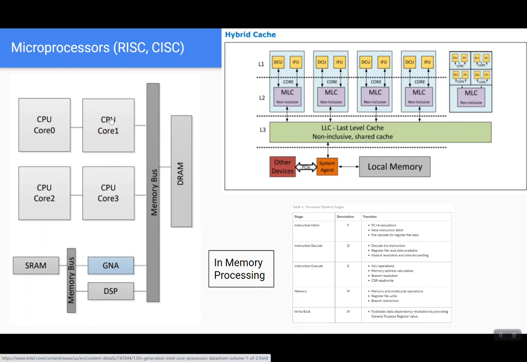So in order to do any calculations, the processor has to go to the memory, fetch the information, and then process. Because it takes time going, fetching, and processing, rather than fetching the information from the memory, why not do the processing where the data is? So that's what is meant by in-memory processing, and we'll learn about it.